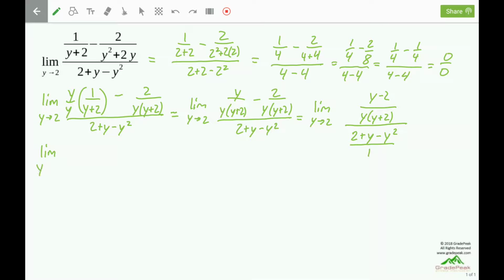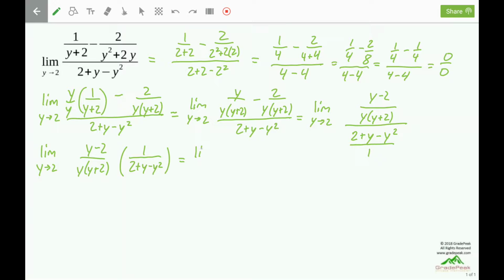And we can now reciprocate and multiply it with the numerator. The numerator is y minus 2 over y times y plus 2. If we reciprocate the denominator, it becomes 1 divided by 2 plus y minus y squared.